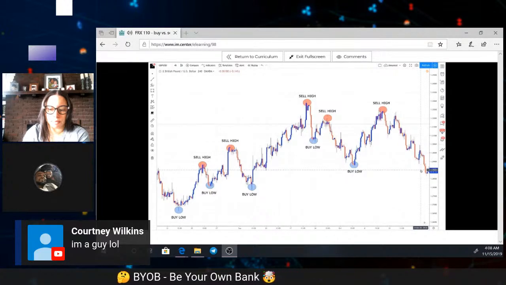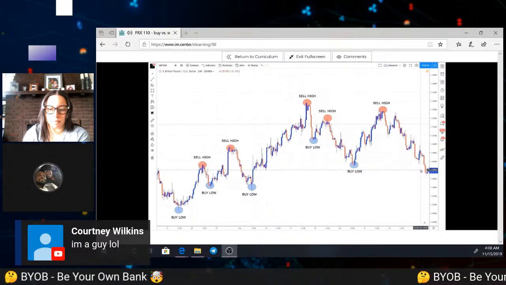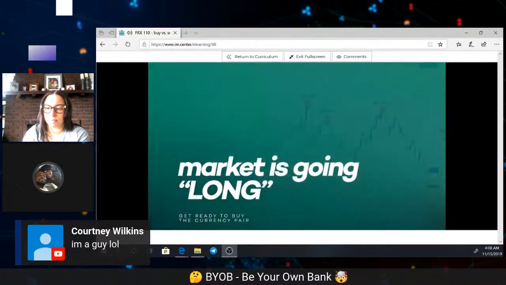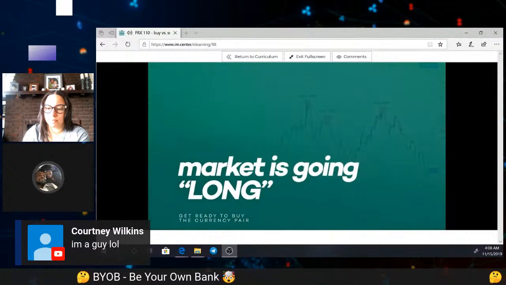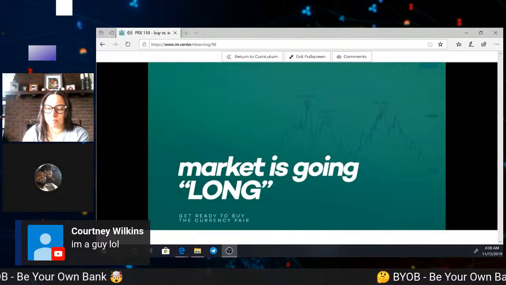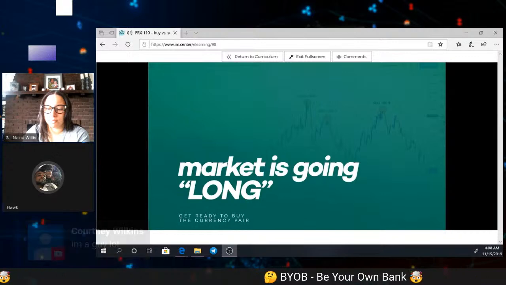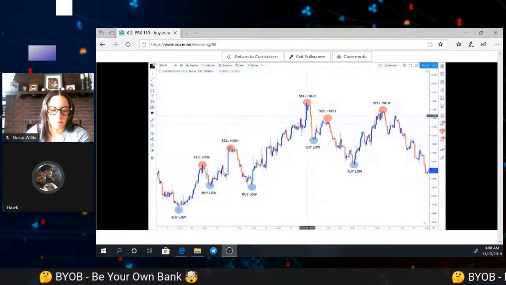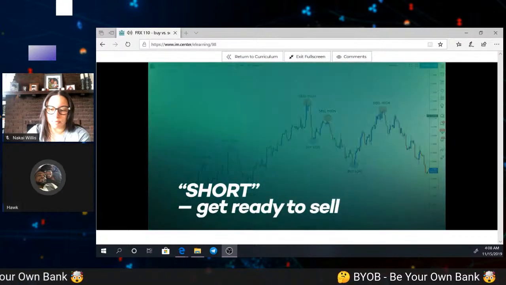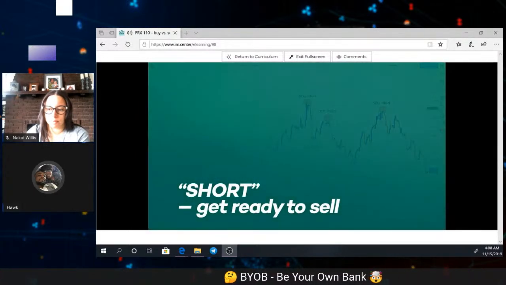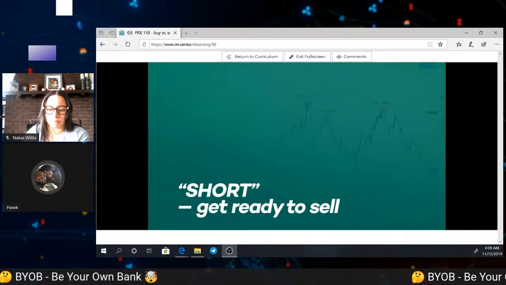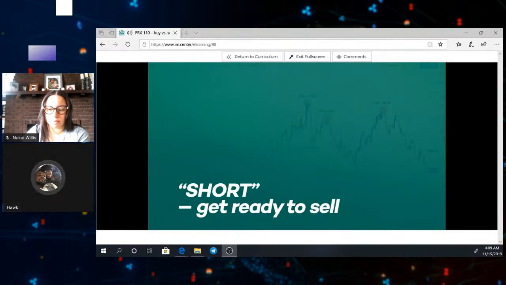Okay. Now, a little bit of vocabulary just for you guys. As the market is beginning to come up, you will hear a trader say the market is going long. Long simply means the market is going to start going in an uptrending motion. That means that the trader is going to get ready to buy the currency pair. Now, when a trader says we're going to short the currency pair, that means that the trader is going to sell a certain currency pair and expect the market to come down.